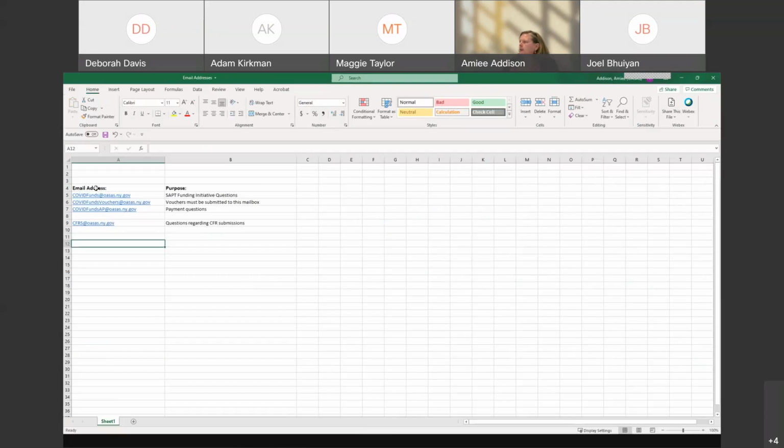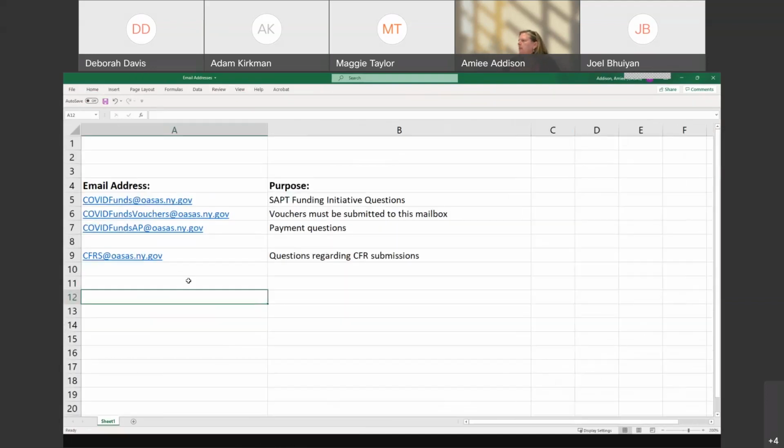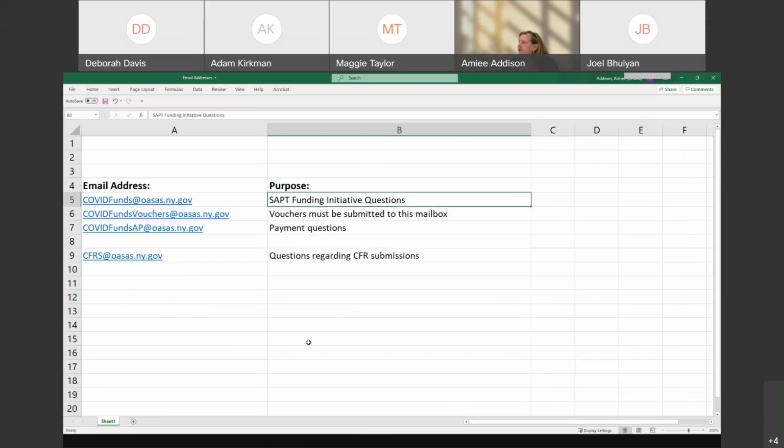Here are a few email addresses that may be helpful if you have questions. So the COVID funds mailbox is for any AP funding initiative questions.